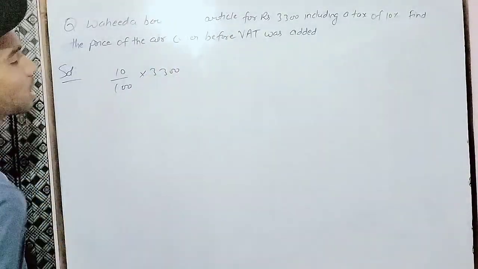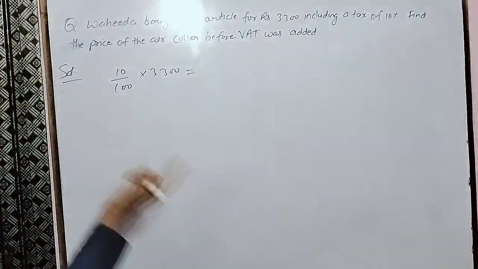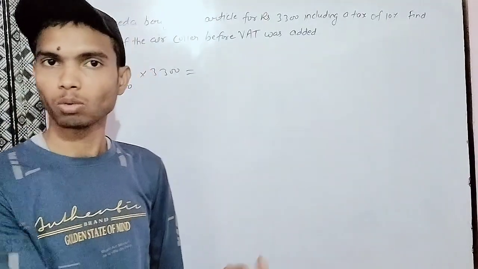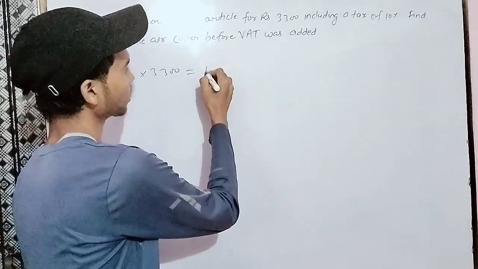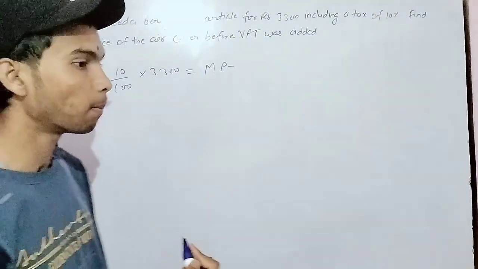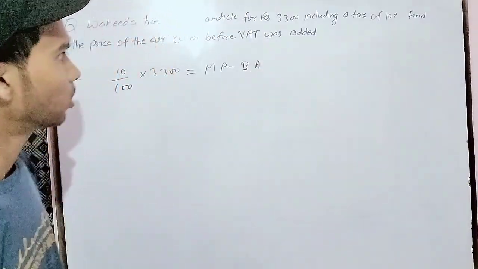Now, of 3,300, which is the tax? Here we are talking about tax. So tax is equal to market price minus selling price, otherwise we can say bill amount.